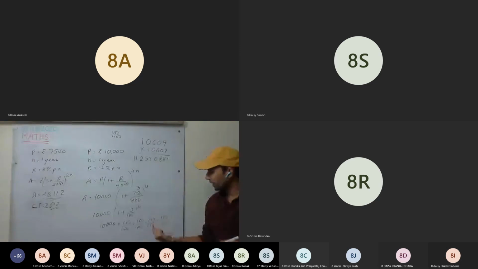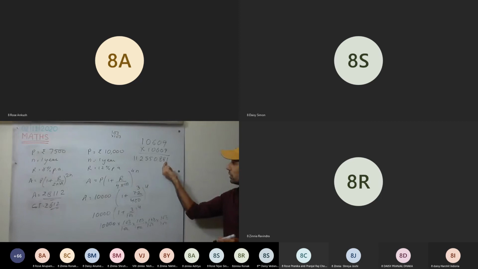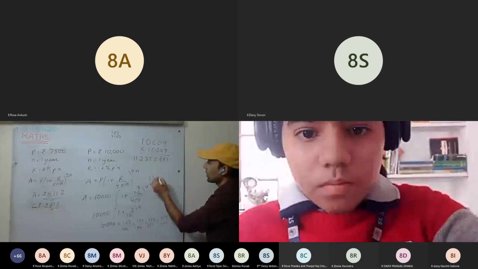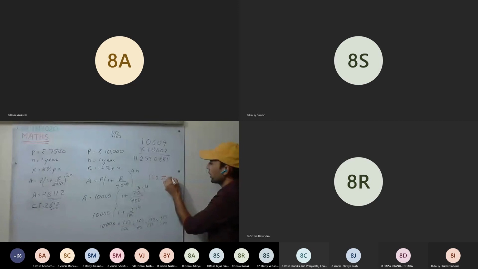And this has to be divided by 10,000. That is 4 zeros. So 1, 2, 3, 4. Your decimal place will come. So final answer you will be getting is 11255.0881. Okay, and in rupee we all know only 2 decimal places are required.